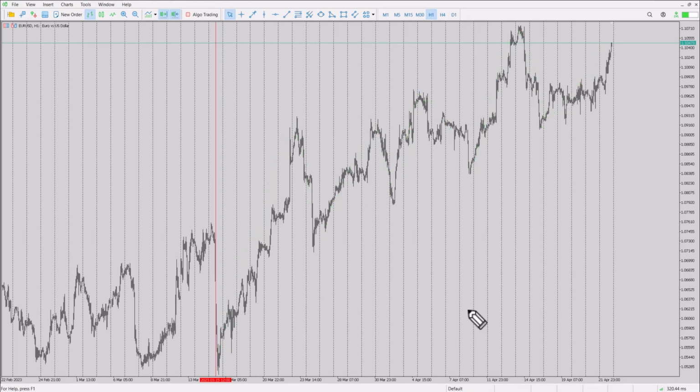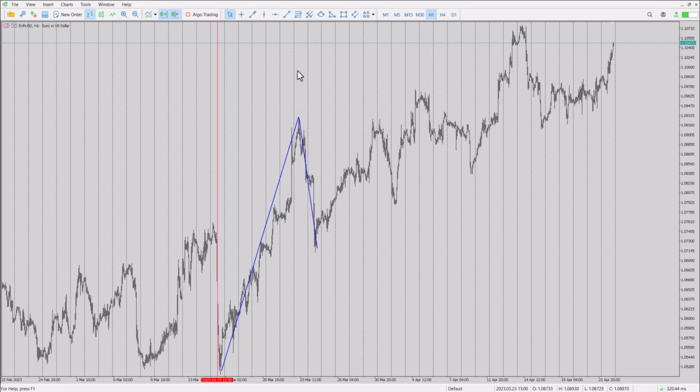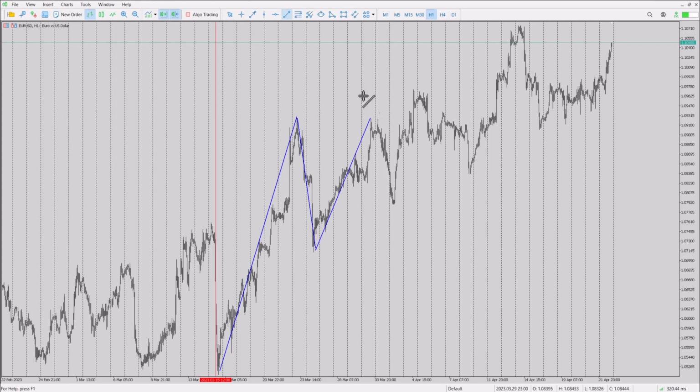So now we're going to start connecting these lines. You start connecting these highs and lows, just to have a general idea of what's going on in the chart, and when we go to the next step, you'll see how these highs and lows are important.